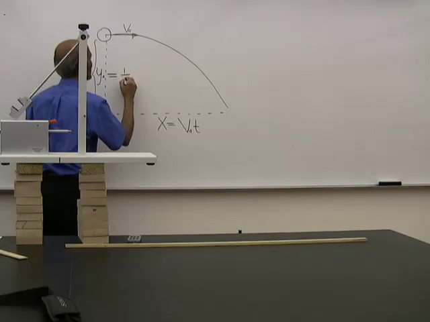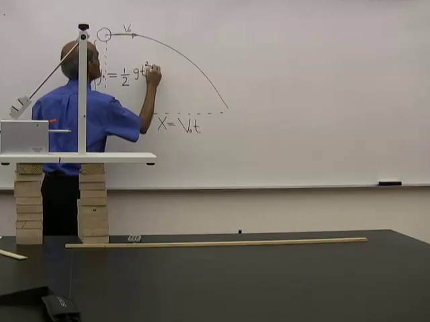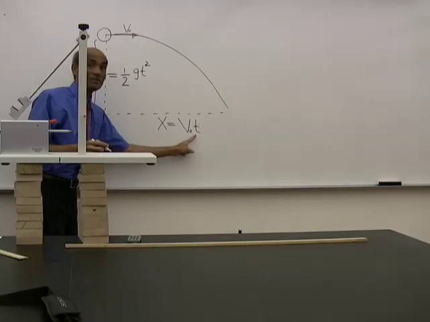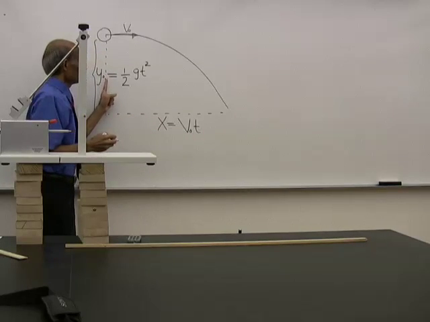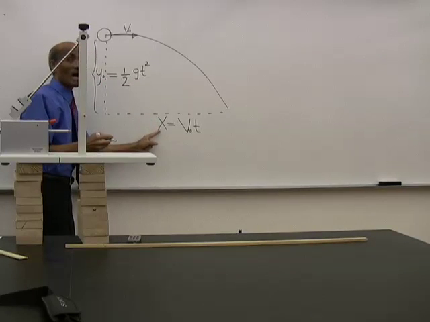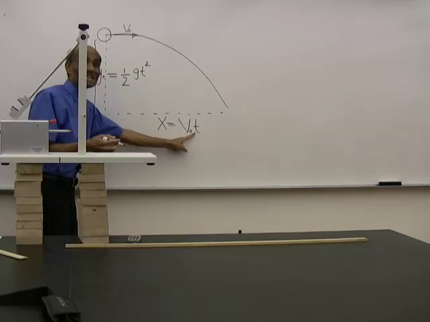Therefore, Y0 equal to 1/2 gt squared. So x equal to V0t and Y0 equal to 1/2 gt squared. Y0 and x both are covered at the same time t.